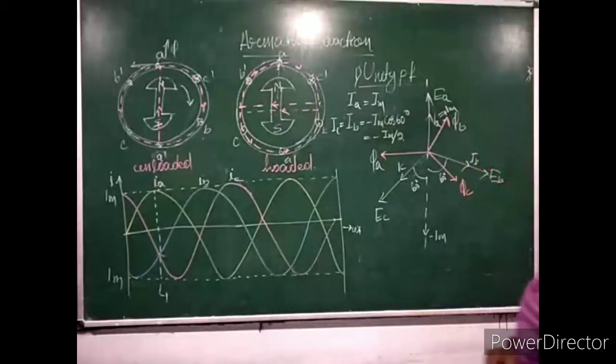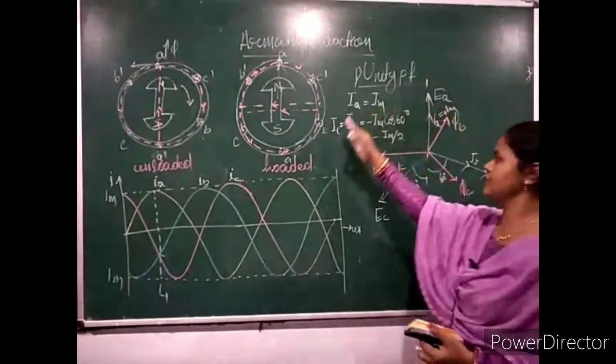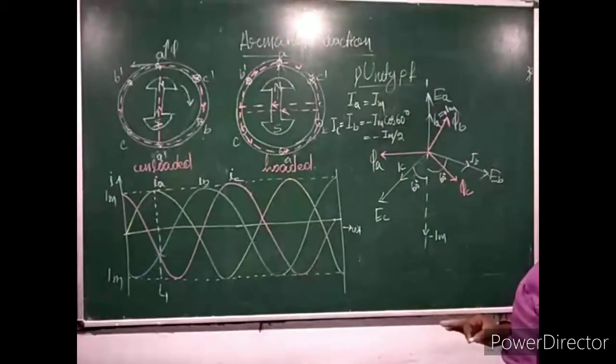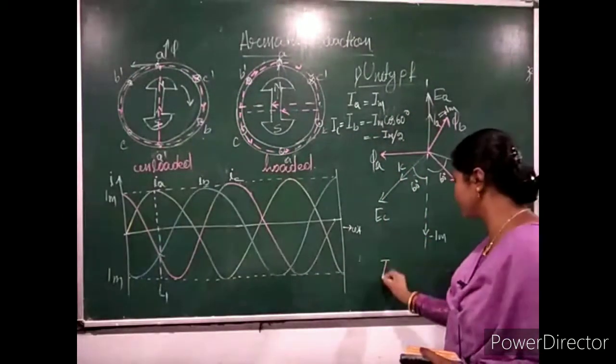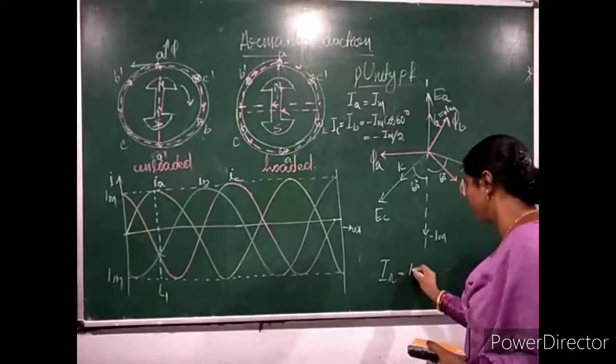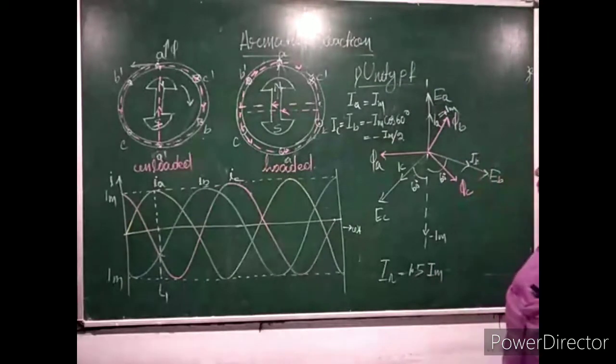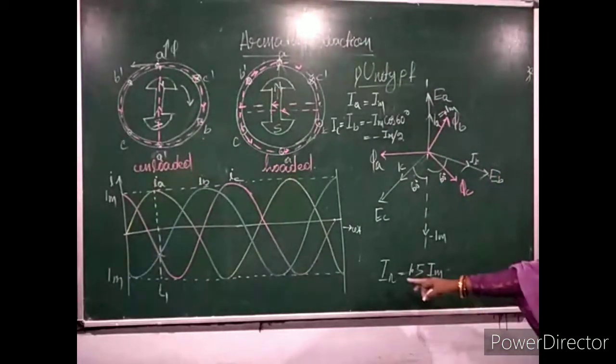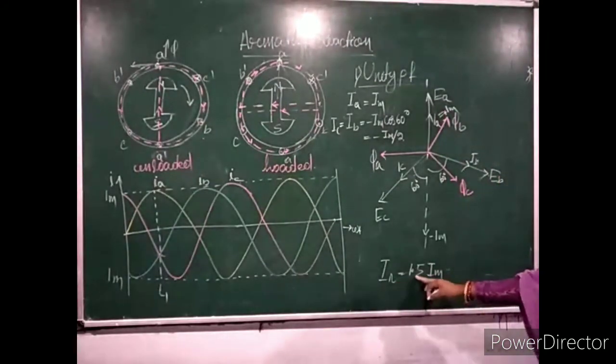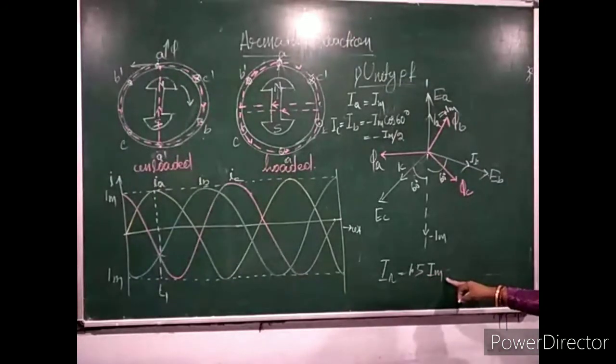So, if you take the phasor sum of these 3 currents, you get the resulting current is 1.5 Im. It is the average current.